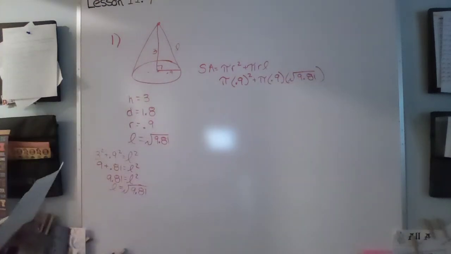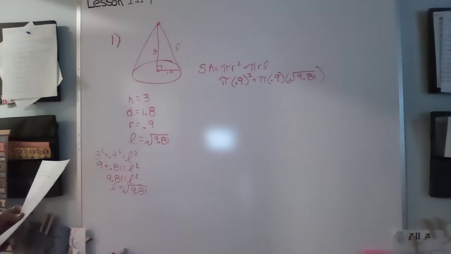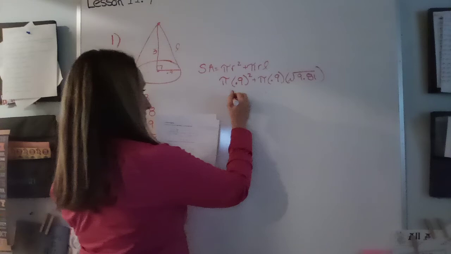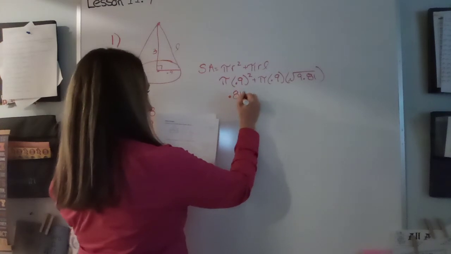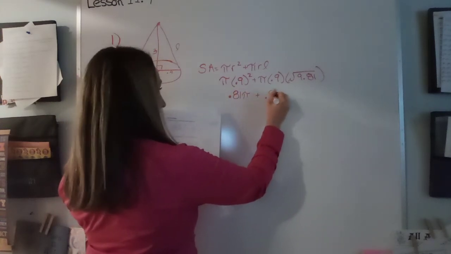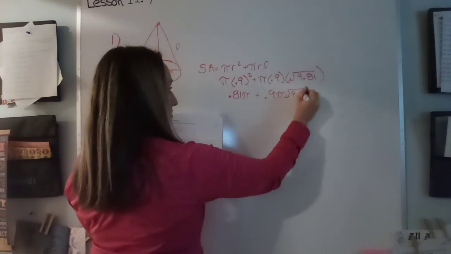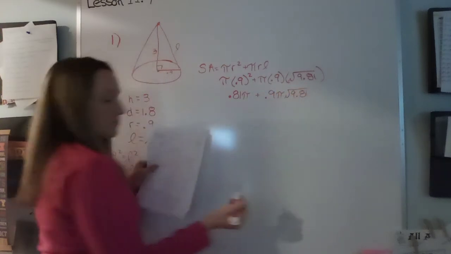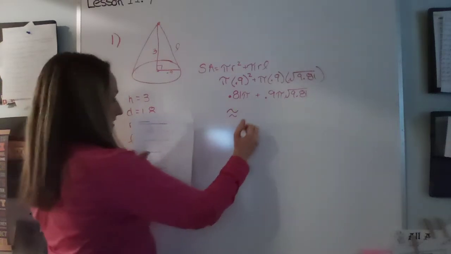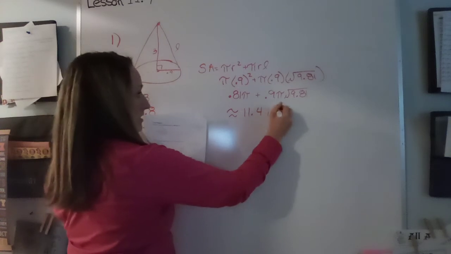For this problem, the directions would probably say approximate and round, because what it comes out to is 0.81 pi plus 0.9 pi square root of 9.81. That's a pretty ugly answer. So I'd plug that into my calculator to get approximately 11.4 inches squared.